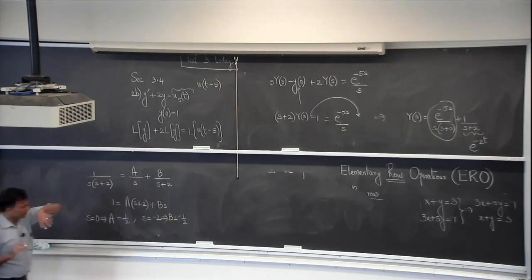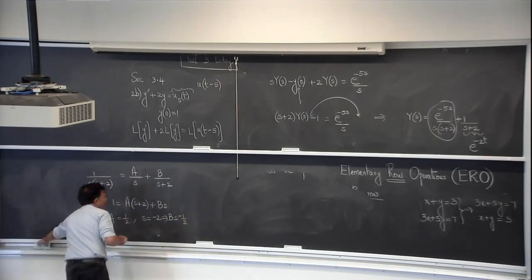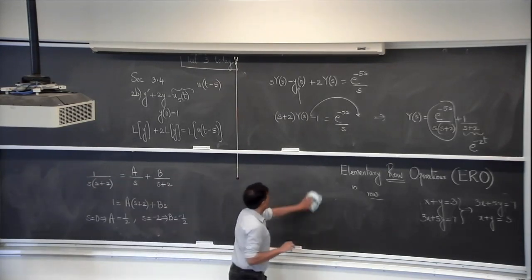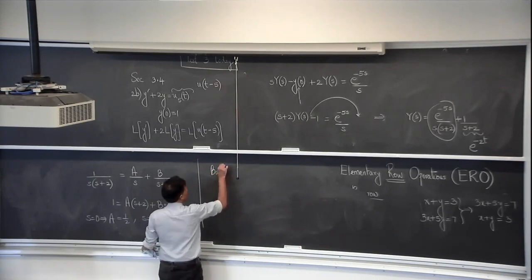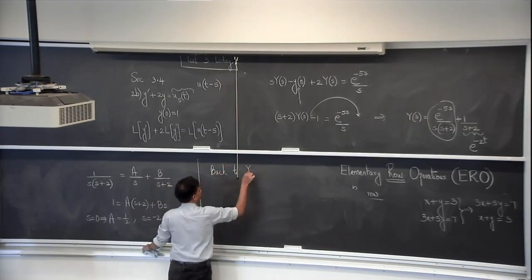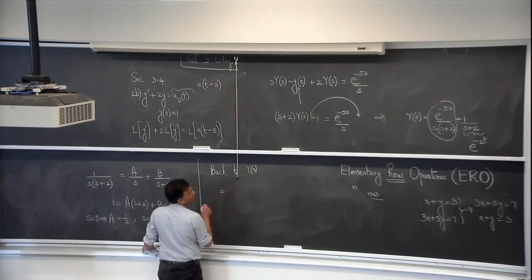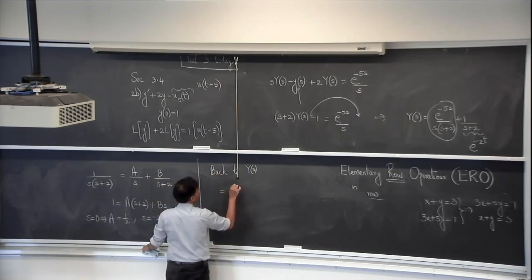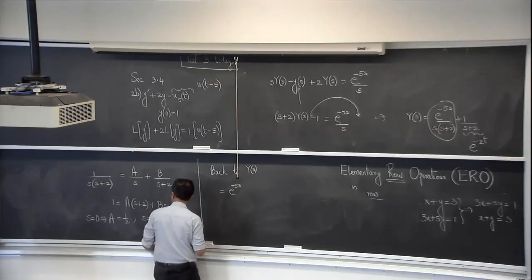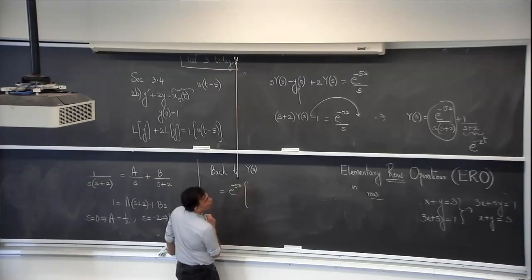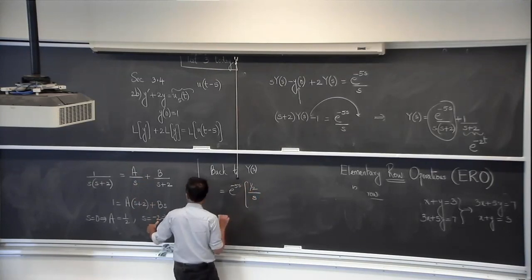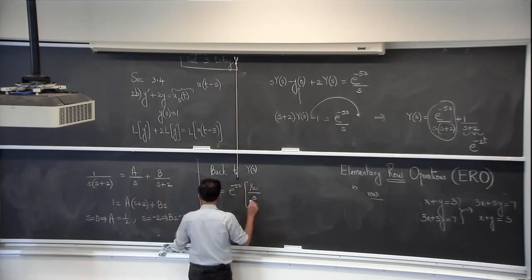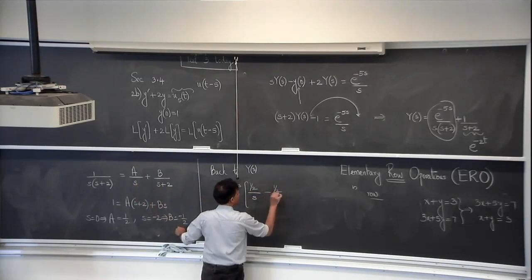So that Y(s) that we had up there is going to be e to the power of negative 5s times 1/2 over s minus 1/2 over s plus 2.